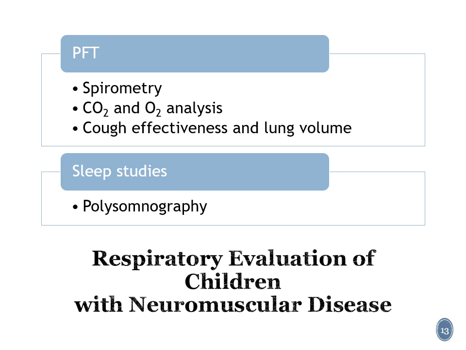Because most conditions involve weakness of both the inspiratory and expiratory muscles, PFT testing includes muscle strength testing as well as polysomnography and non-invasive measures of hypoventilation as the disease progresses.